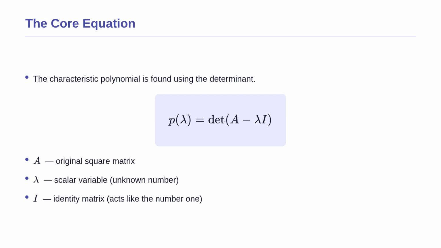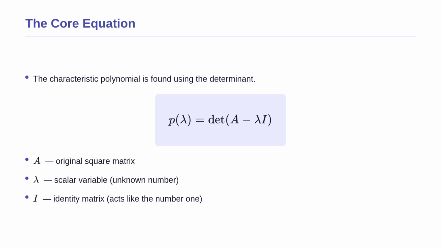Now that we understand what the characteristic polynomial represents, let us look at how it is formulated. The formula comes from subtracting a variable lambda along the main diagonal of our matrix and finding the determinant. In this equation, A is our original square matrix. The symbol lambda is a scalar variable, meaning it is just a regular unknown number.